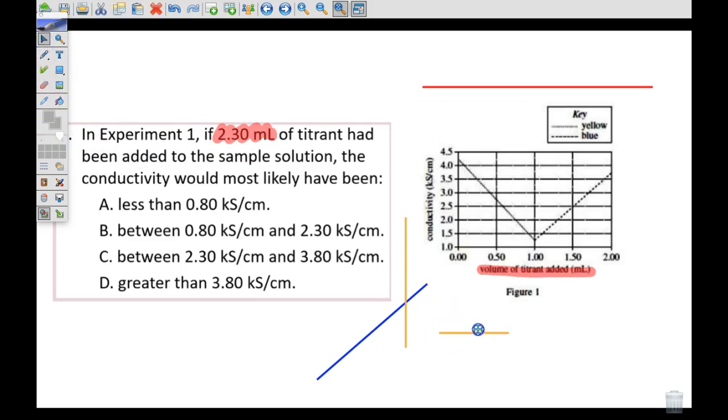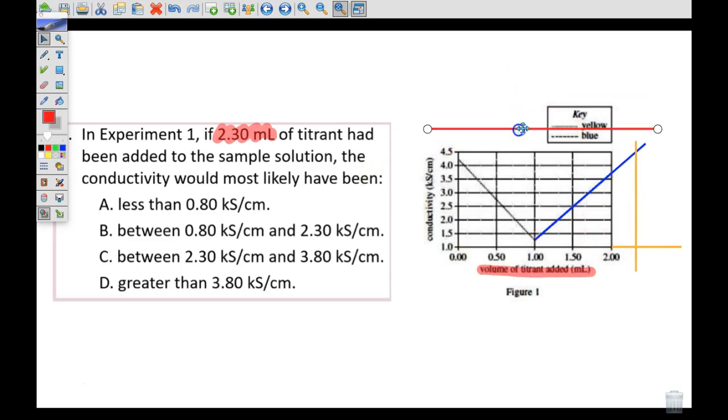So on my sheet, I'm going to draw an extension of the x-axis, and I'm going to predict where 2.3 would have been. Then I'm going to extend or extrapolate that trend line until it matches my prediction of where 2.3 is going to be.